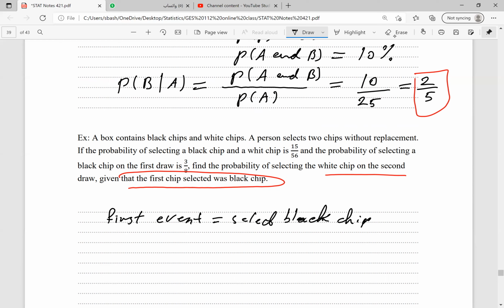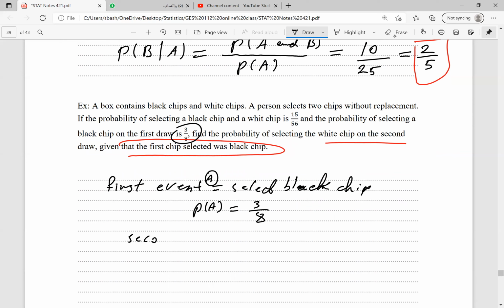So this is A. So P of A in this case is given 3 out of 8. Now the second event, B, is to select a white chip.